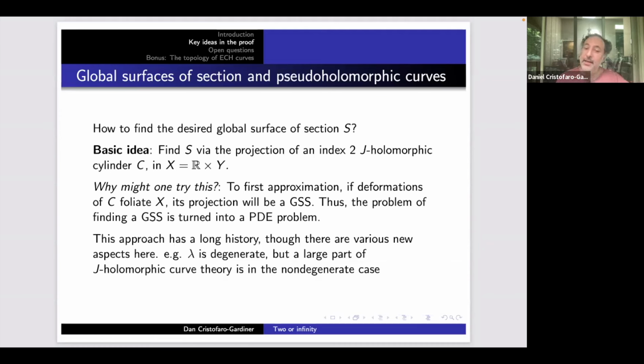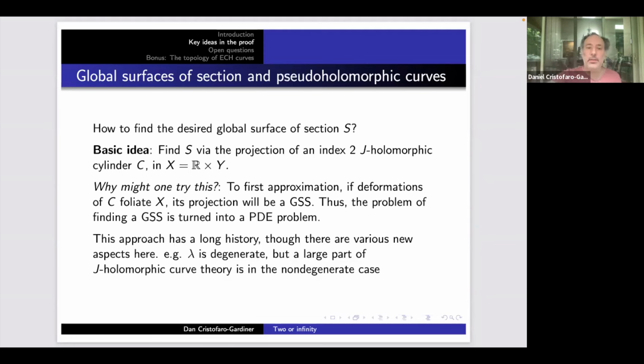In general, it might not even be a Fredholm problem. There might not be a unique limit to these curves. In general, this could be a very messy problem. Here, it's not quite so bad because, remember, I can assume that lambda has finitely many orbits, or else I'm automatically done. So that helps somewhat, but it's still a substantial undertaking to try to push these ideas to the degenerate case.